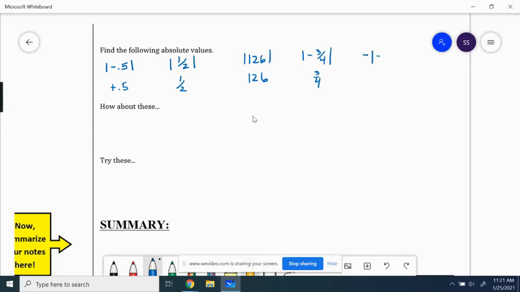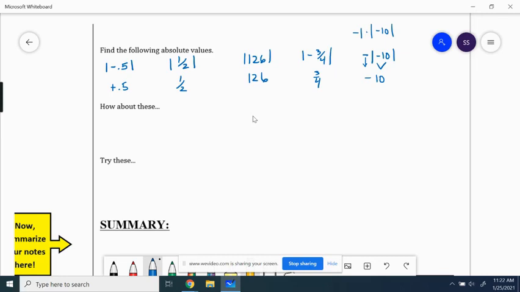So let's say we have a negative times the absolute value of -10. What we do here is take the absolute value of -10, which is positive 10, and then think of the negative as just dropping in front of it. So that makes the positive 10 negative. Another way to think about that is like -1 times the absolute value of -10.